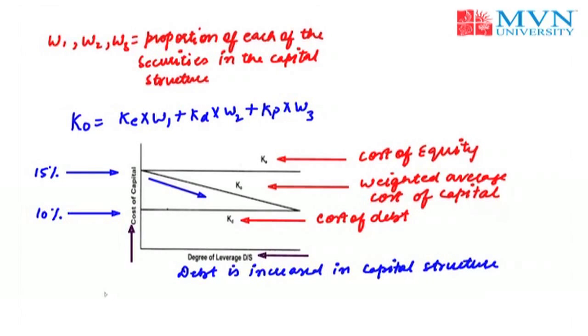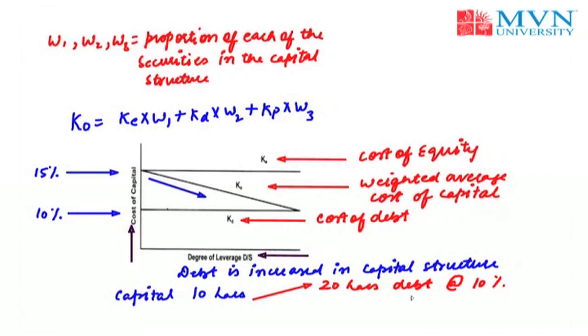Suppose a company has a capital of 10 lakhs, which I have already discussed in one example even before, and the company has got 20 lakhs from debt at the rate of 10% and the rest of 80 lakhs from equity share capital.